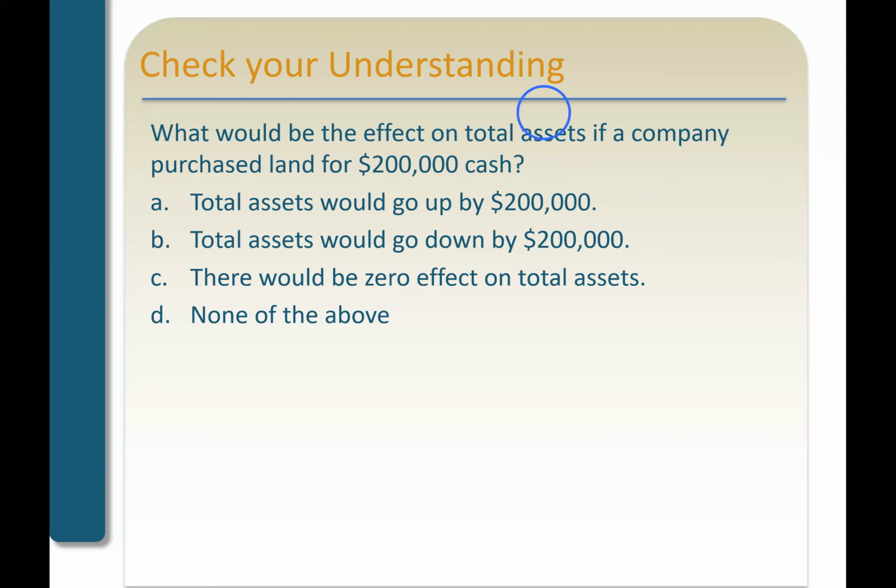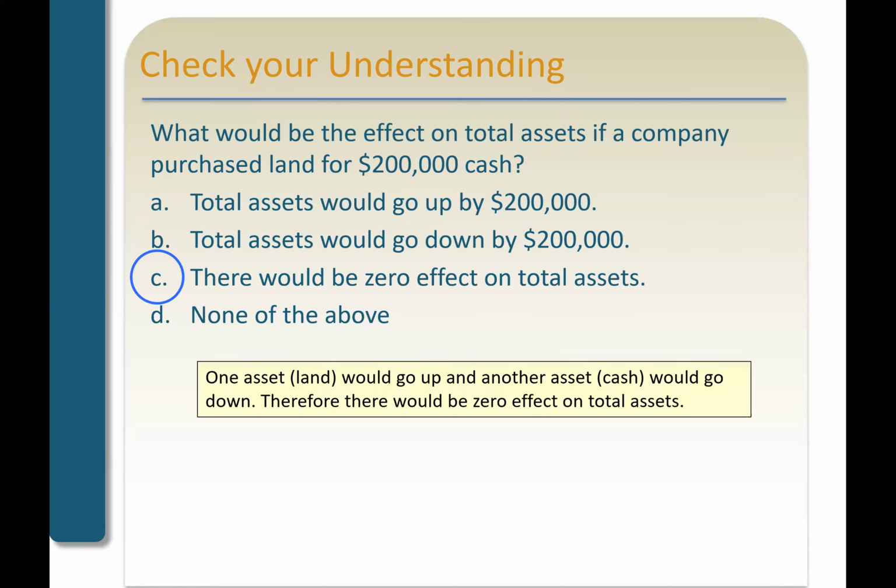There would be zero effect because one of those accounts is an asset, cash. It's going down. The other account is land. It's an asset. It goes up. There would be zero effect on assets because this transaction involves two assets, one going up and one going down.